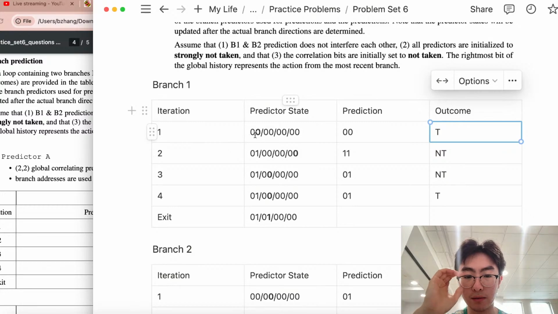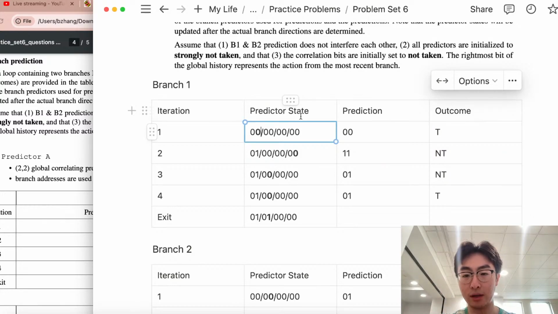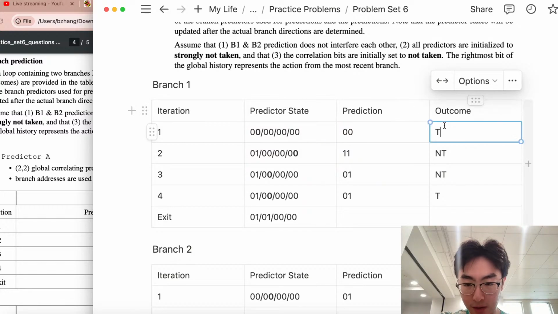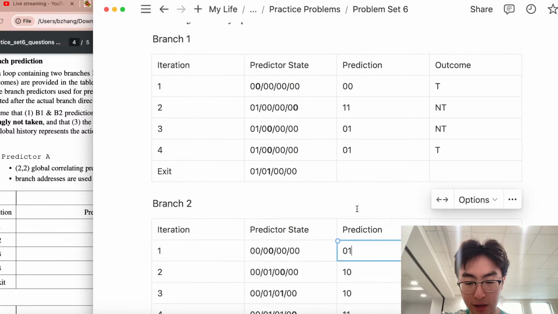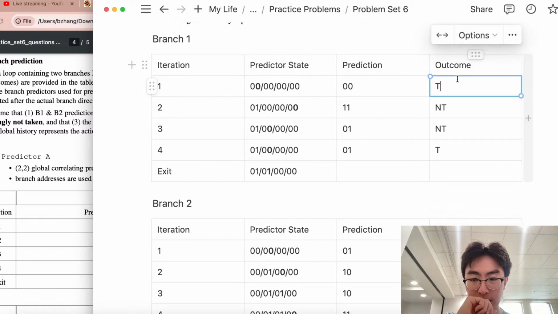So we have a taken, not taken now. And we need to modify, in this case, the first or the 0th index. And we change that to 1. So that makes sense, because now we've taken it and we just change it. So that means for the next global predictor, we add a 1. And so it's going to be taken, not taken.